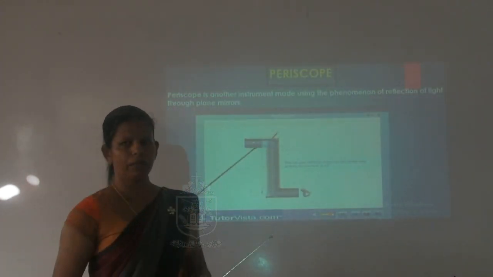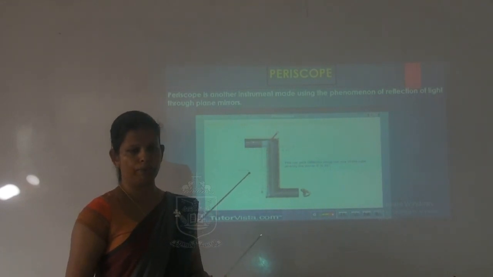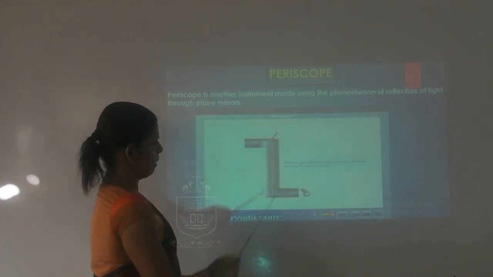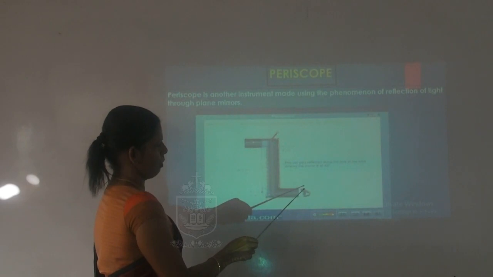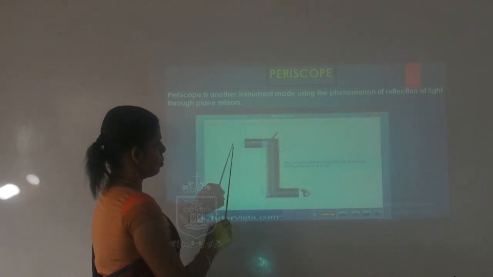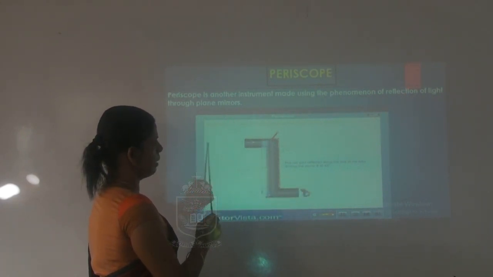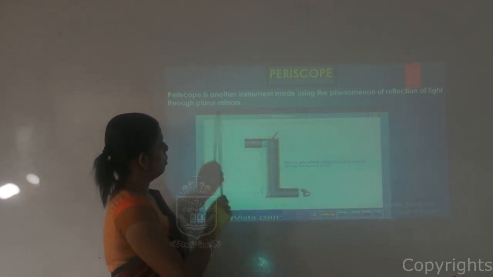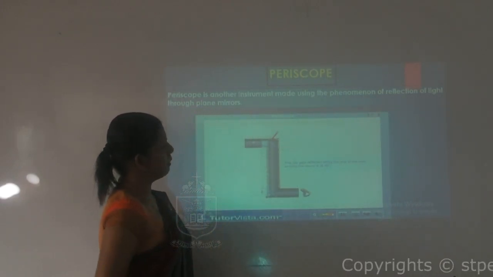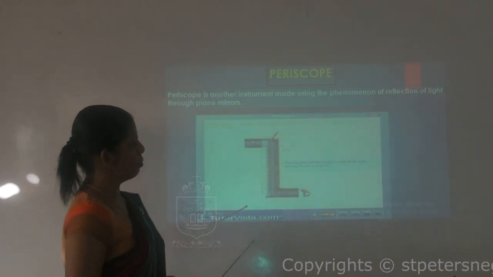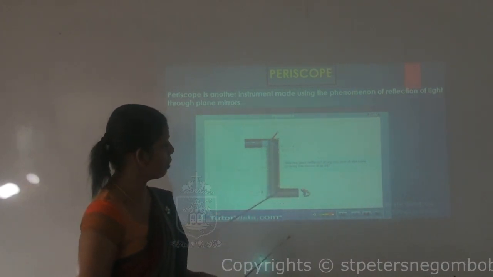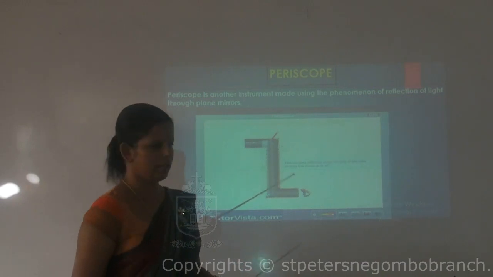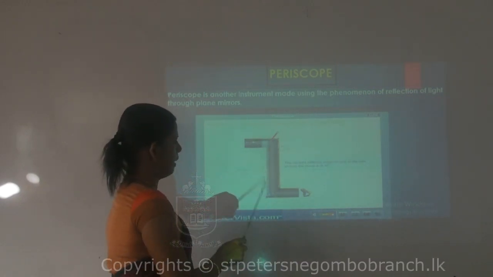Now I'm going to talk about another instrument, the periscope. You can see the picture of the periscope. This is the place we have to keep our eye. From here, anything at the upper level we can see through this periscope. A periscope is another instrument made using the phenomenon of reflection of light through plane mirrors. There are 2 plane mirrors.